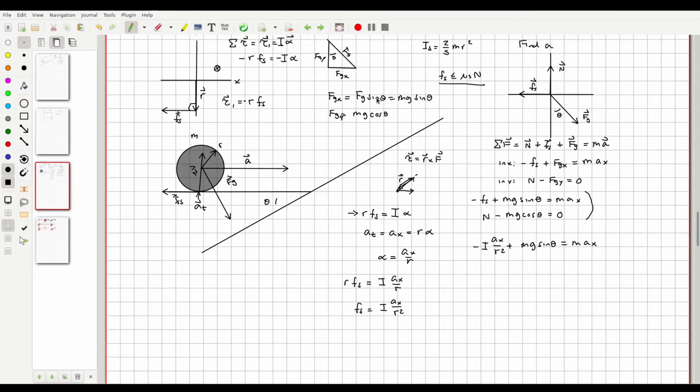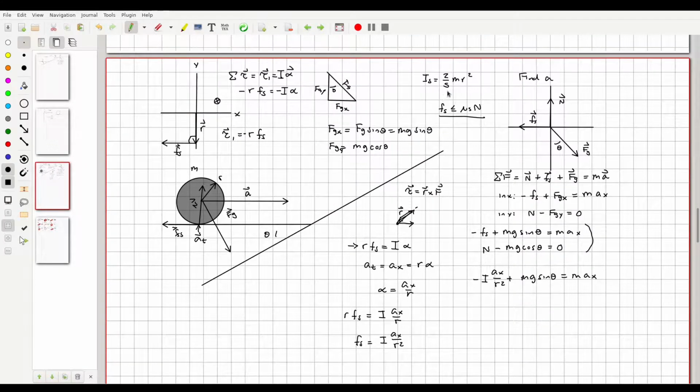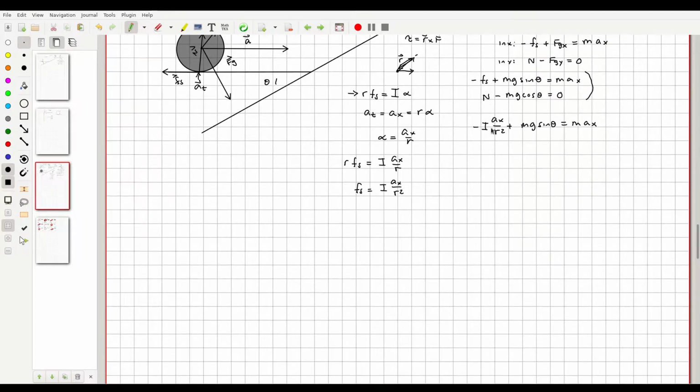Now, I want to plug in the fact that this thing is a sphere, and its moment of inertia is 2/5 mr squared. So if I were to put that in here, minus 2/5 mr squared times a sub x over r squared plus mg sine of theta is equal to m times a sub x.